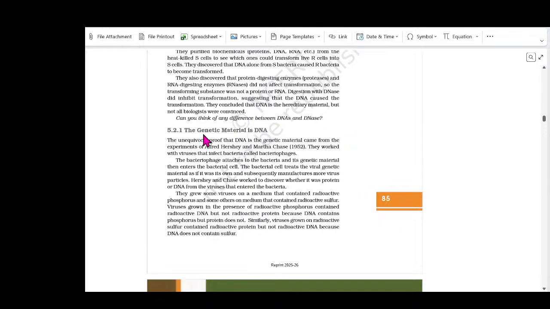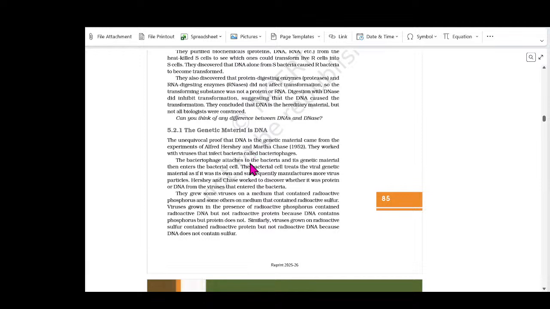5.2.1 The genetic material is DNA. The unequivocal proof that DNA is the genetic material came from the experiments of Alfred Hershey and Martha Chase in 1952. They worked with viruses that infect bacteria called bacteriophages.